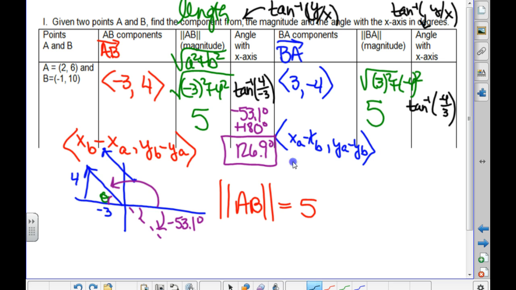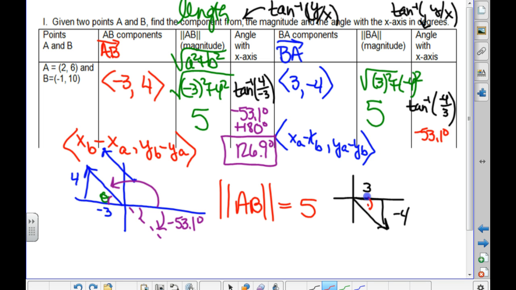Things change a little bit when we move to B to A, because now you're talking about what quadrant? Fourth. BA is actually in this quadrant. Does it have to be a positive angle? That's a good question, and my answer for my purposes is no. I will take either one. When you do this, the calculator gives you negative 53.1 degrees.